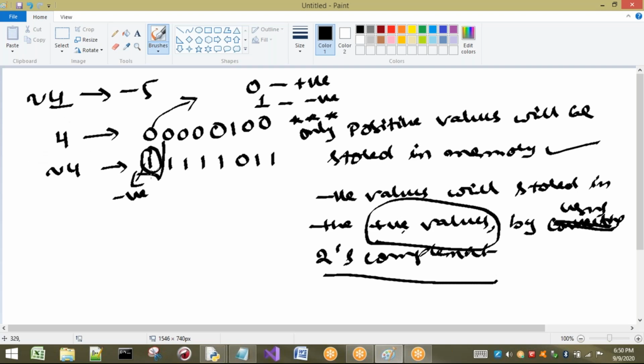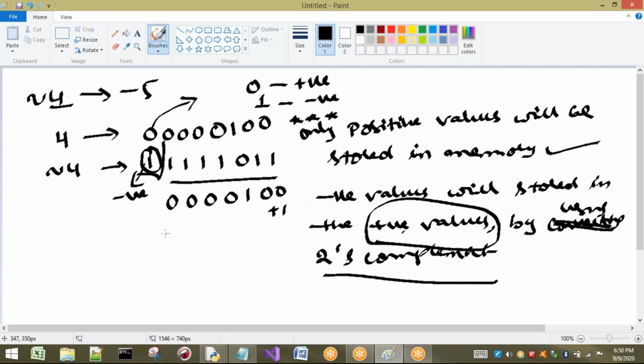Now see, I have to convert this negative number into a positive number. What do I have to do? I have to do 2's complement. 2's complement is nothing but first the 1's complement, meaning ones into zeros and zeros into ones. This is the 1's complement of this number. Next I have to perform plus 1.